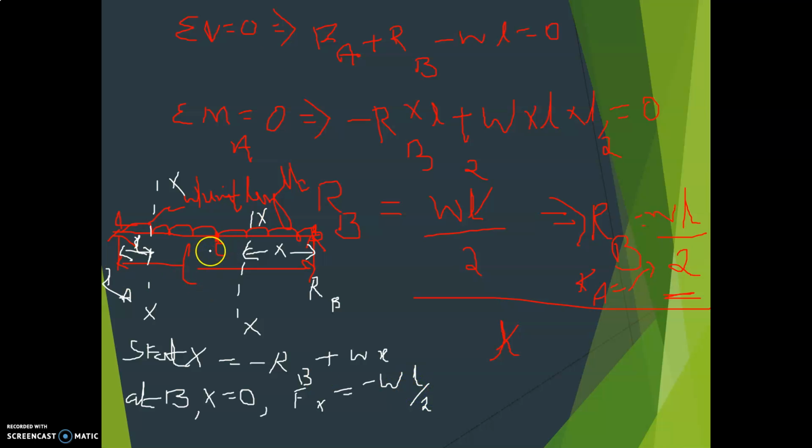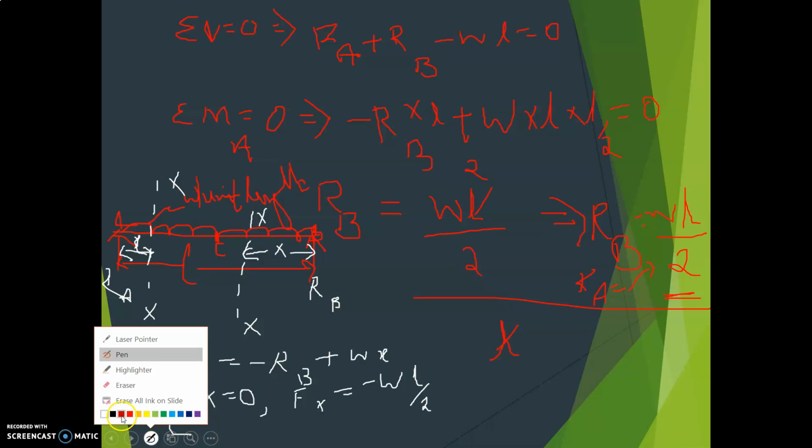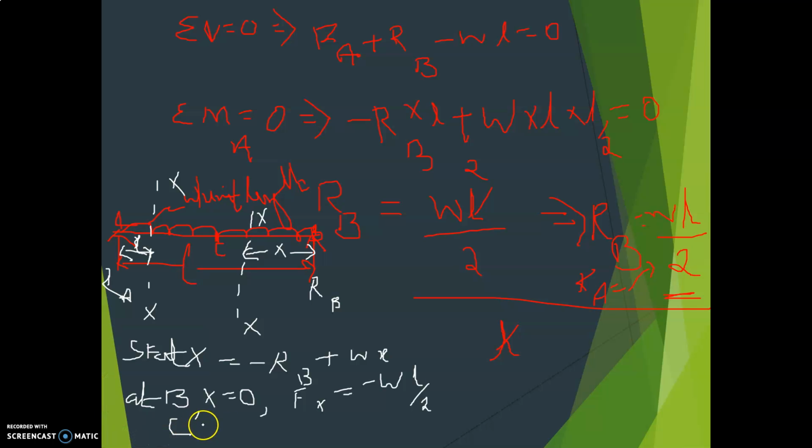Next, find at C. What is at C? At C, X is equal to L by 2, correct? L divided by 2. Substitute in this equation. This is FC.